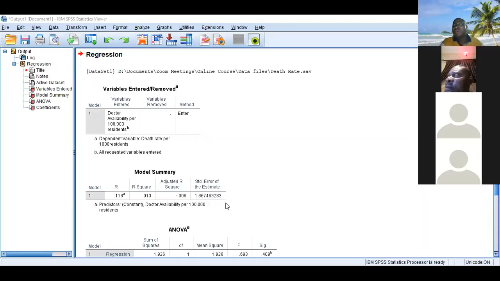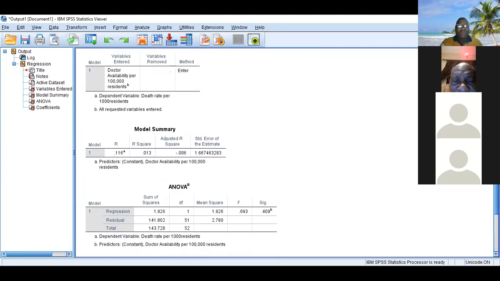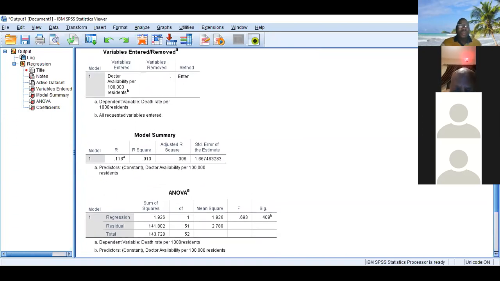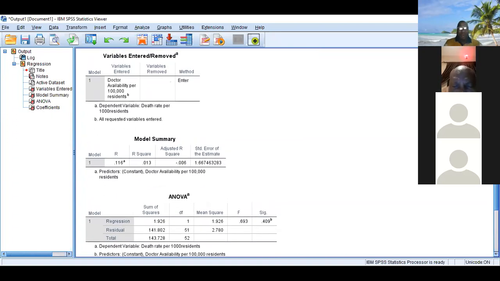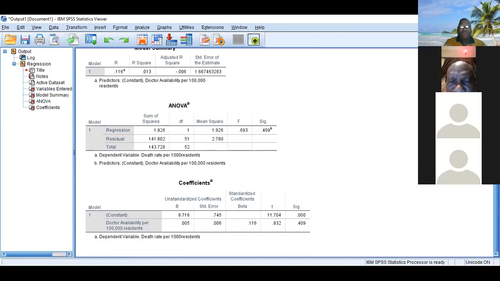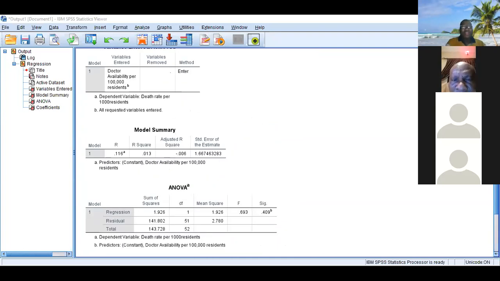Can we see the output now? Yes, you can see. So let's look at the outcome. Don't bother yourself about all those coefficients. We already explained all of those yesterday. Let's just look at the R square.